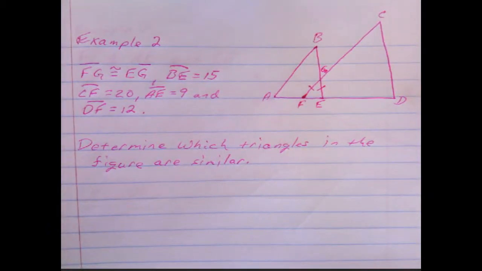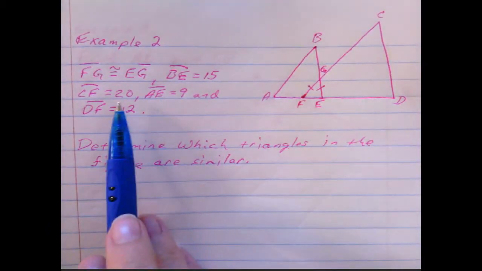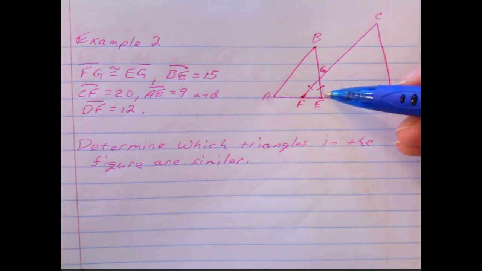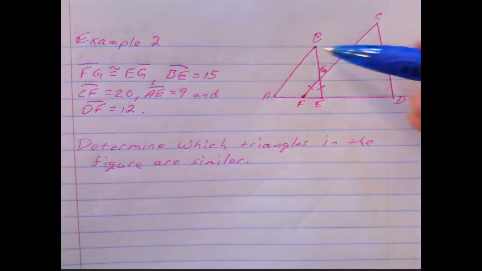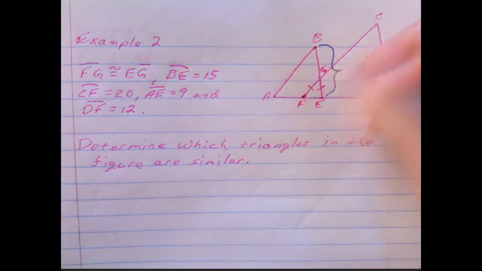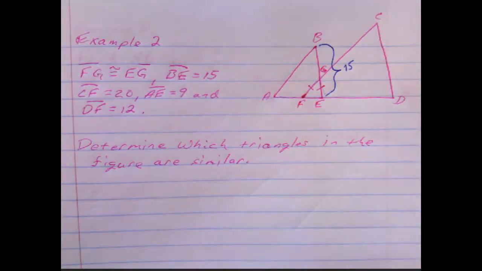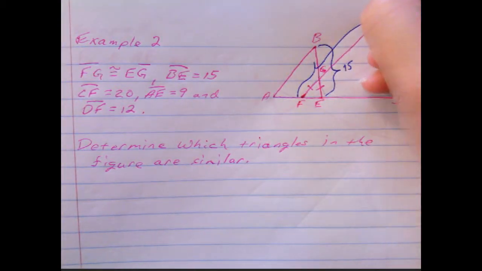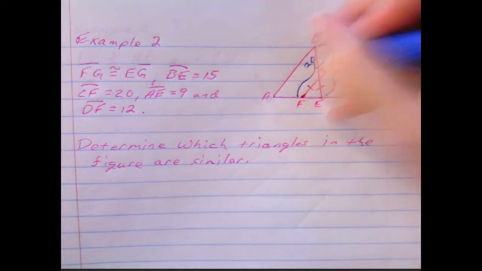Alright. So I'm going to mark the information that they gave me. They said that FG is congruent to EG. So FG is congruent to EG. We have that marked. They said BE, which is this long segment, I'm going to mark that, is 15. They said that CF, which is this long segment, is 20.